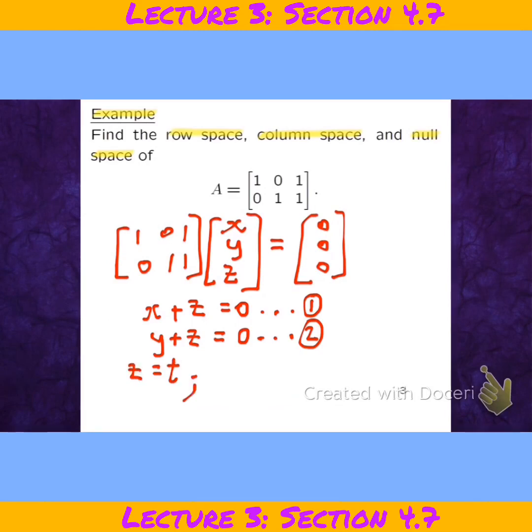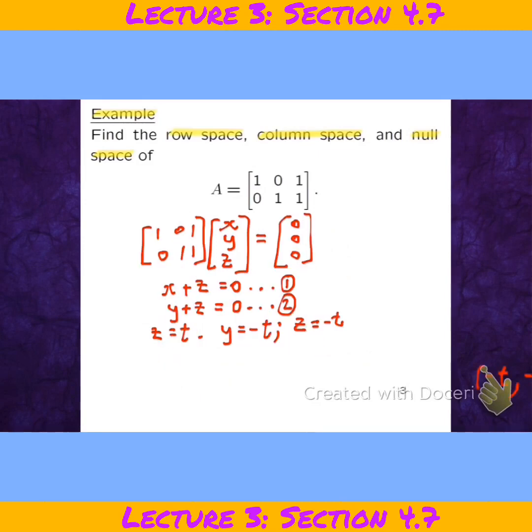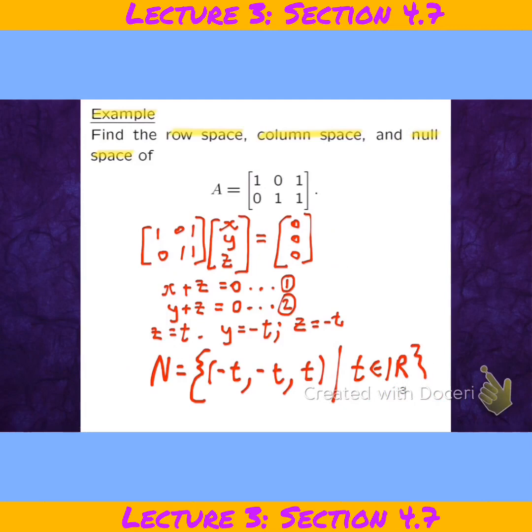Using parameterization, we can set z as a fixed real number t, then we can solve for y and x in terms of t, with z as minus t. And so the null space is all vectors of that form. We'll call it N, the set of the solution space. So it's all vectors of that form where t is a real number. That is the null space.